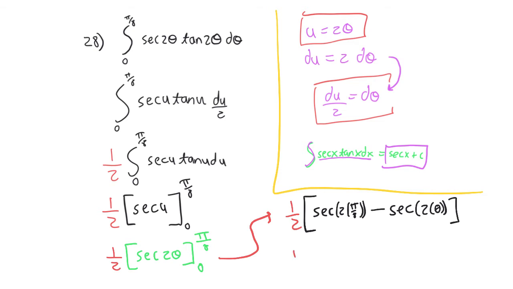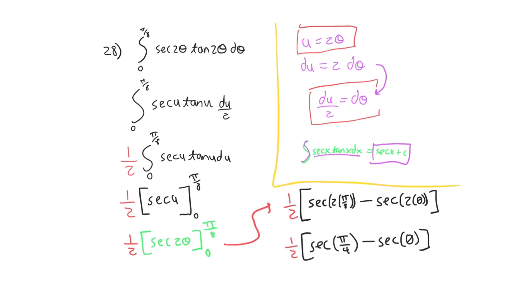And working through it, we would have secant of, that's going to be pi over 4. Now I'm using these little parentheses because I feel like it separates things out. And then clearly this is going to be secant of 0.